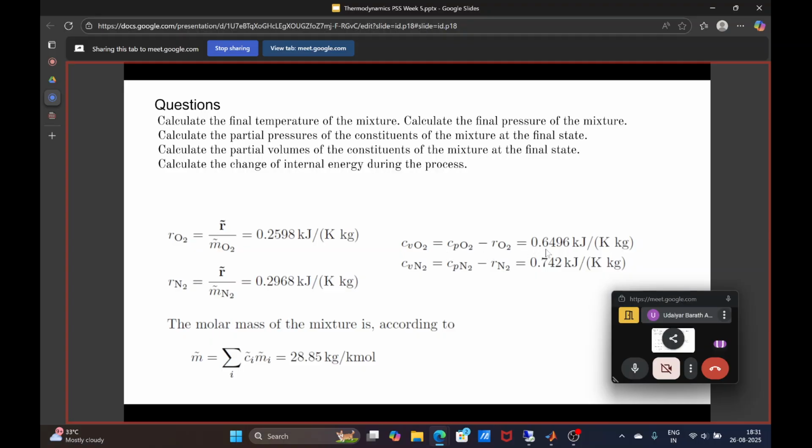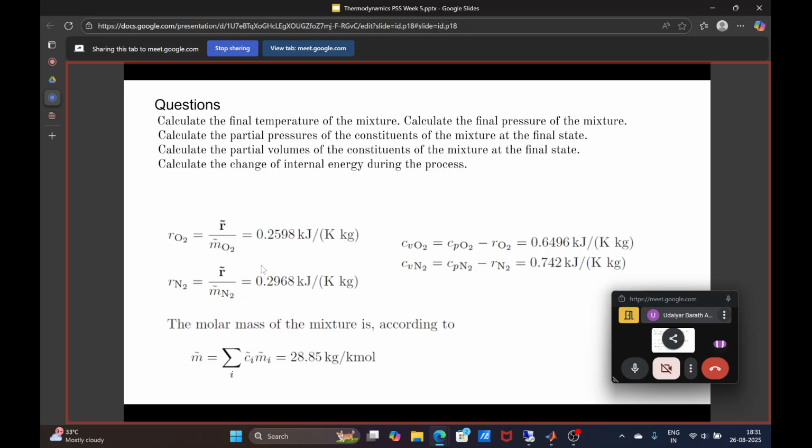So that comes out to be 0.6496 kilojoule per kg Kelvin. Similarly, the specific heat at constant volume for nitrogen, Cv of nitrogen, is Cp of nitrogen minus R of nitrogen. So that comes out to be 0.742 kilojoule per kg Kelvin.